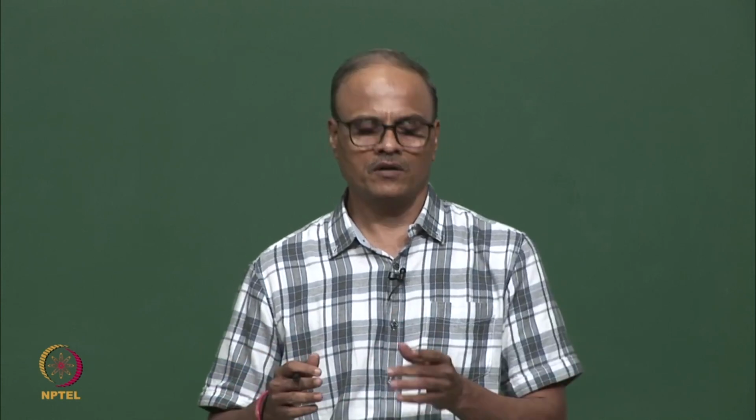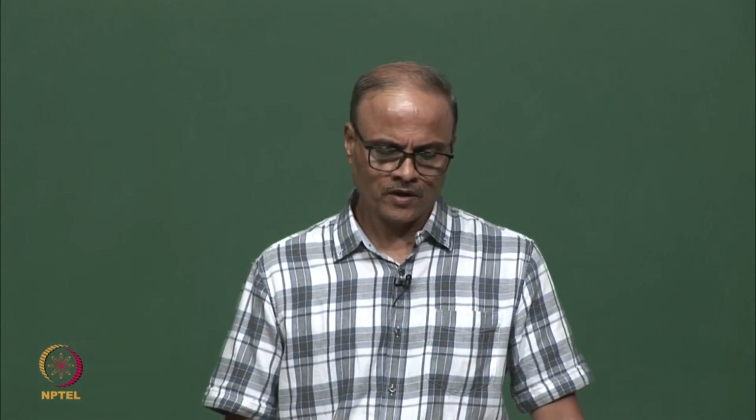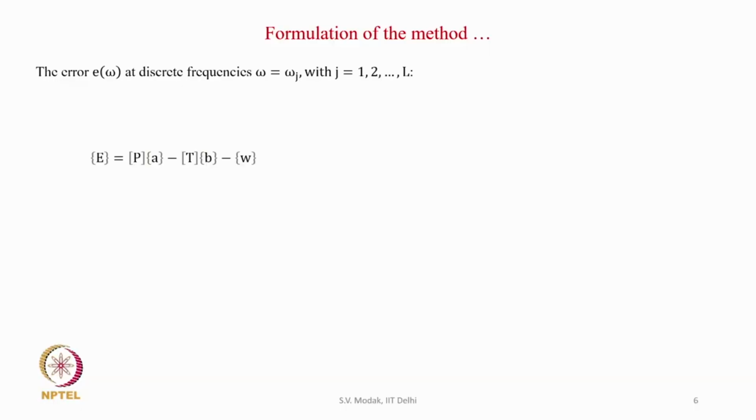So, what can we do now? We can write an expression for E of omega at each of these frequencies. So, we will get L number of such error equations. Then we can combine all those equations into a compact matrix form, and that matrix form is given by this equation.